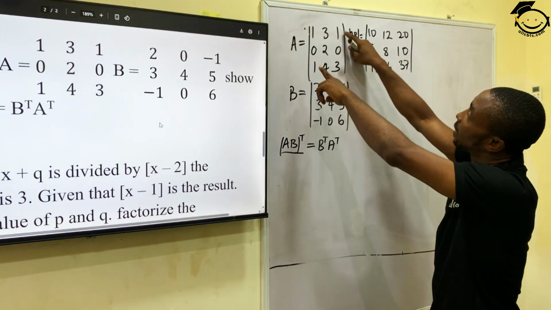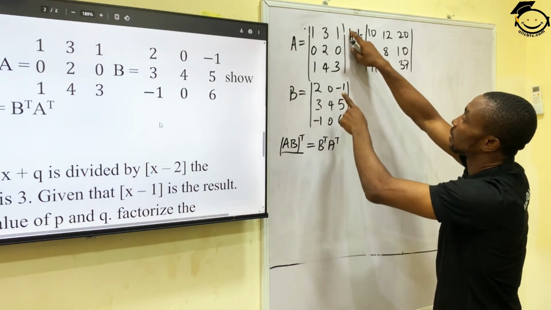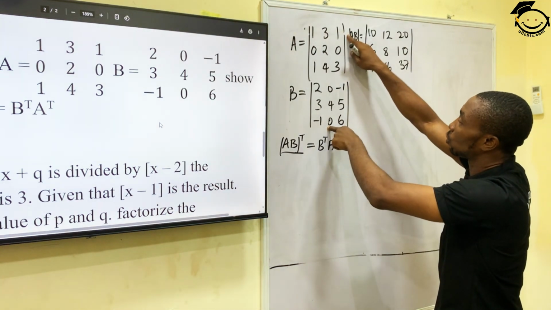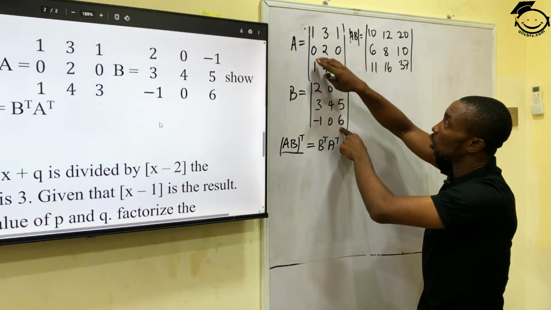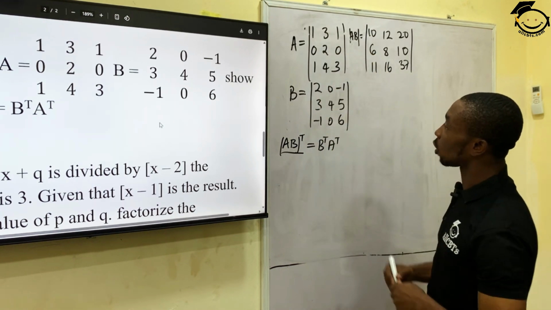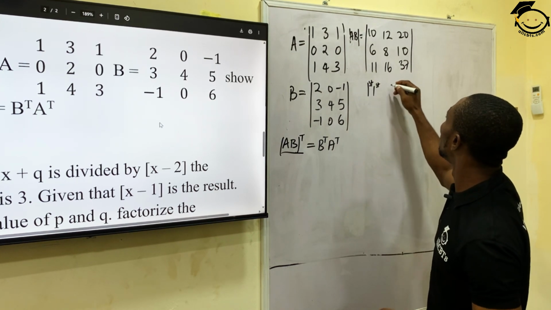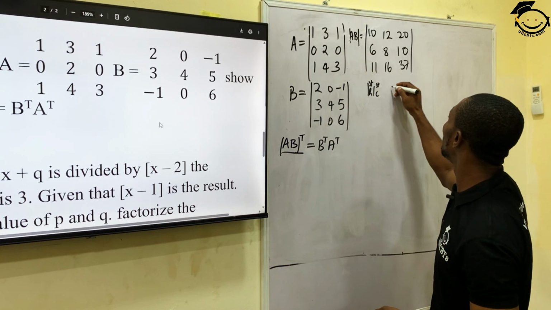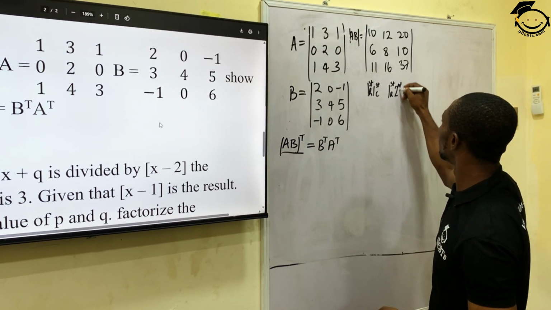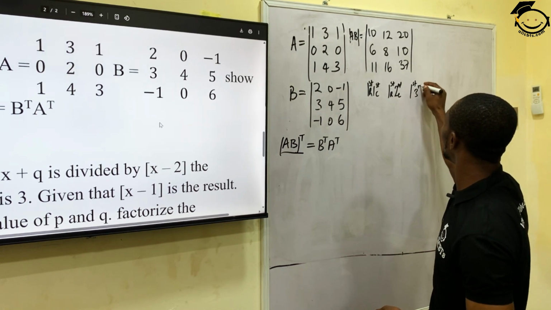When you've done your first row against your first column, do first row against second column, and first row against third column. Now you also do your second row, first column. So your calculation should be first row, first column, then first row, second column, first row, third column.